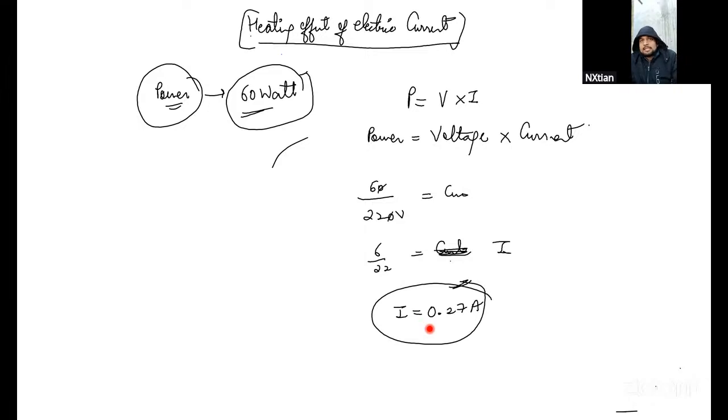In the US, I guess it's 210 volt. They are only that many volts to run the house. So power is equal to voltage into current. Whatever the voltage is, 220 volt, into current is I. Did you understand, guys? Yes or no, Joshon? Yeah? Quickly write it down.